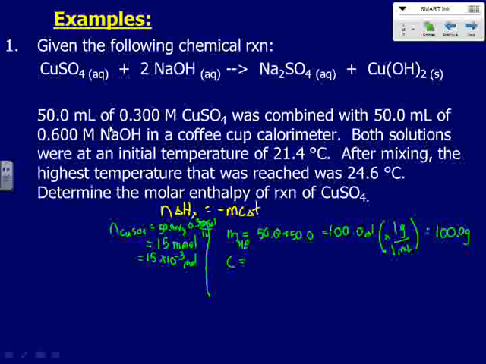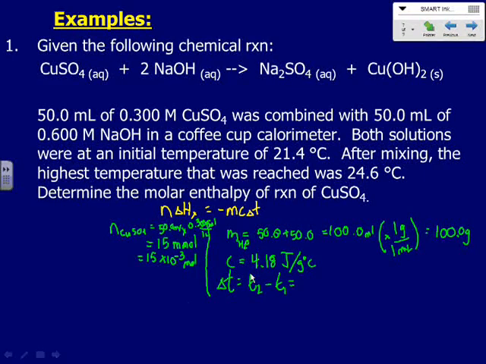C, again, because they're solutions, we have to assume that the C is 4.18, again, joules per gram degree Celsius. And delta T, again, we have two temperatures for this one, T2 minus T1.